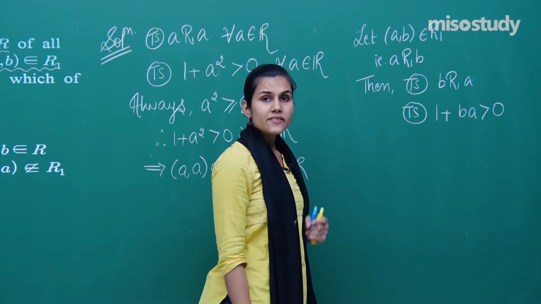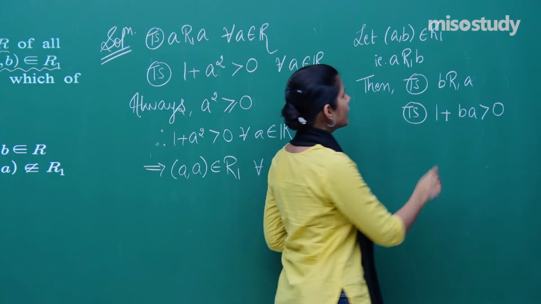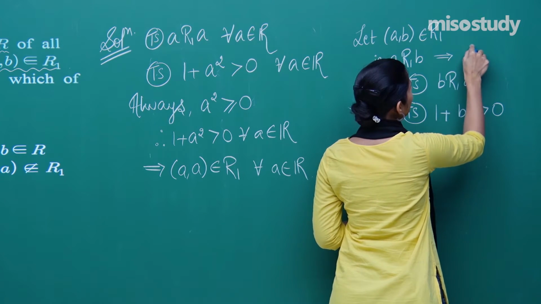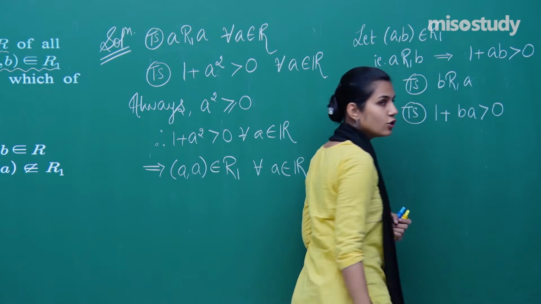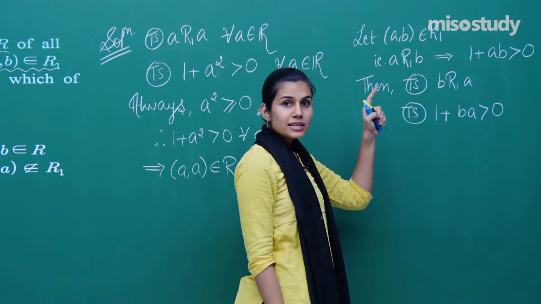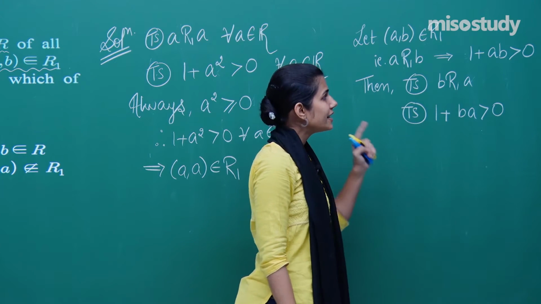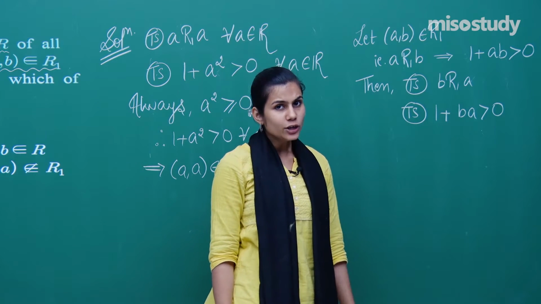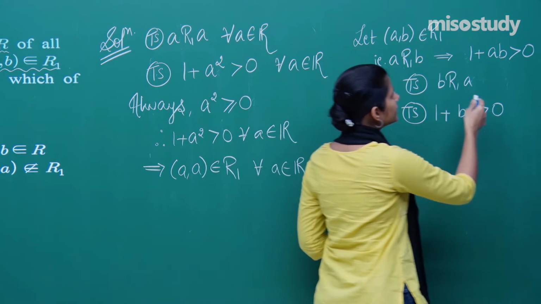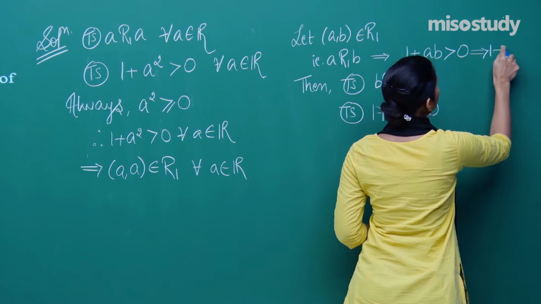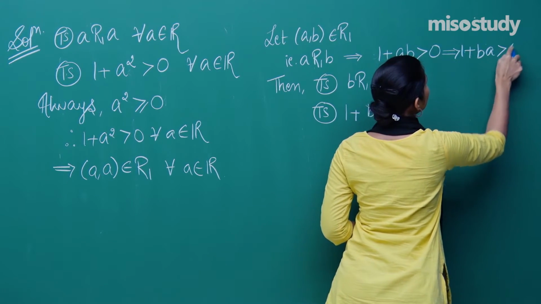Now, because it is given A is related to B under the relation R1, this implies 1 plus A into B is greater than 0. If 1 plus A into B is greater than 0 and A and B are real numbers, we know that A into B is same as B into A. And so, this implies 1 plus B into A is greater than 0.